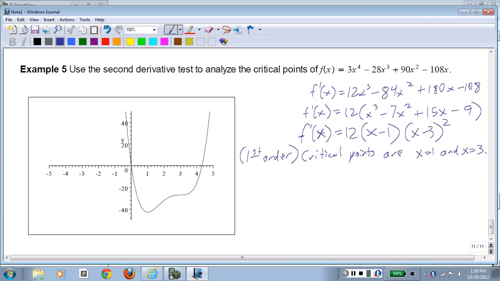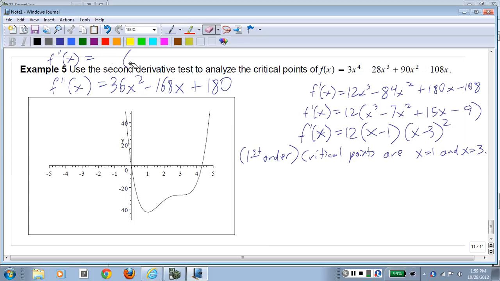I'm going to go back to, well, I guess right here. F double prime of x equals 36x squared minus 168x plus 180. What is the greatest common factor of 36, 168, and 180? 36?